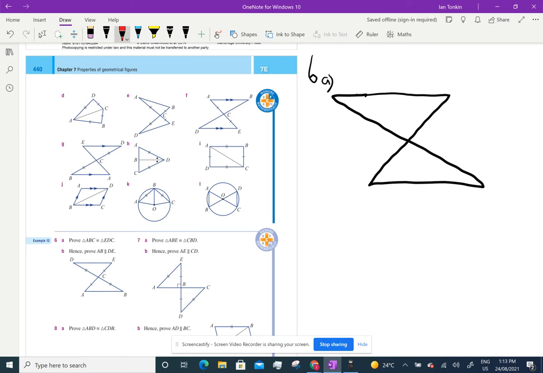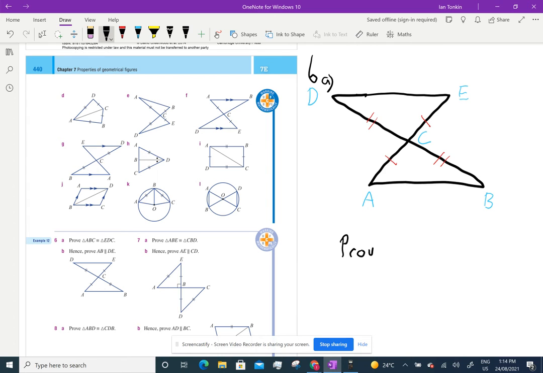Put all the information that you've got on it. And that side and that side are equal. And that side and that side are equal. Put your labels on. So what have we got here? D, E, C, A, B.